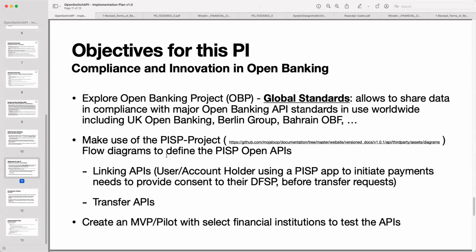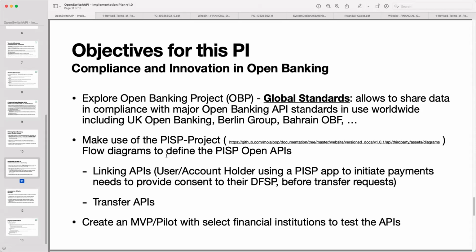So our first objective, like I've said above, is going to explore some of those standards that exist, one of them being the open banking project. But then in our implementation, we're going to be looking at the Mojaloop third-party SDK component to try and extend this one, to meet some of the global standards if it doesn't already do so.